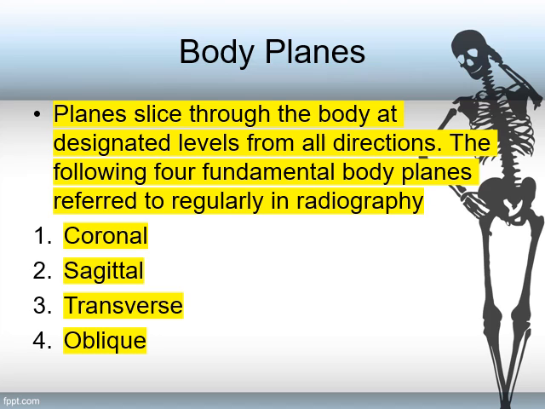There are four fundamental body planes which are commonly used dun sa field natin: the coronal planes, the sagittal planes, as well as the transverse planes, and we have oblique planes. Apat lang siya, but in my discussion later there is another plane that I have added. Pero ito yung pinaka-4 basic or fundamental body planes.